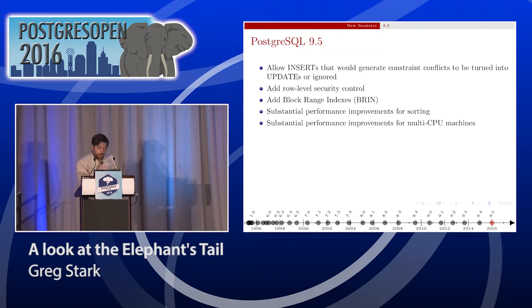Most recently, Alvaro added the block range indexes. That's also about dealing with huge tables where just the size of the index mattered. Being able to do upsert is something people had been begging for many years, but rather than implement it in a basic way, Postgres didn't compromise at all on the concurrency.